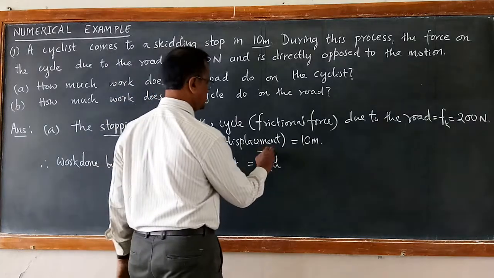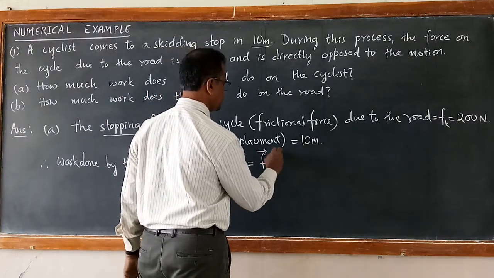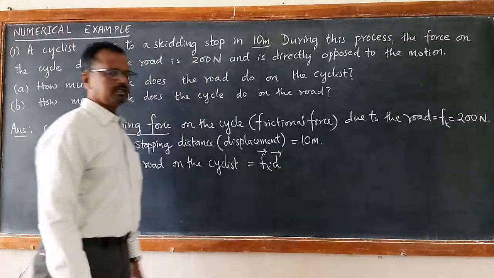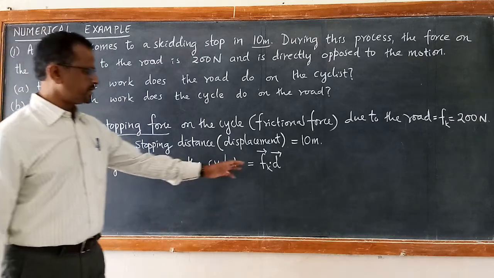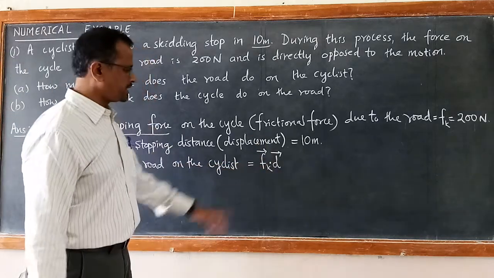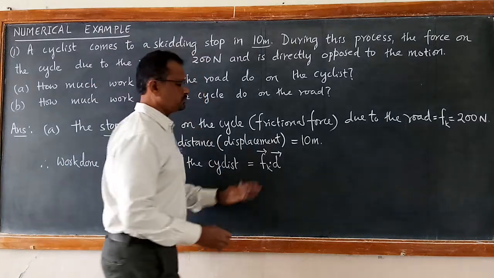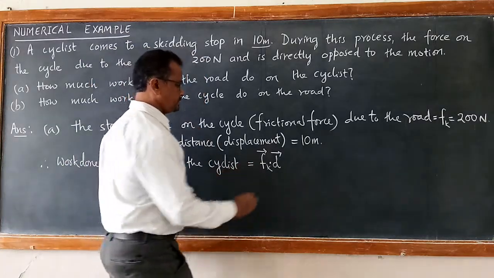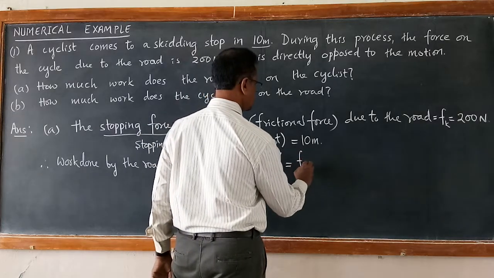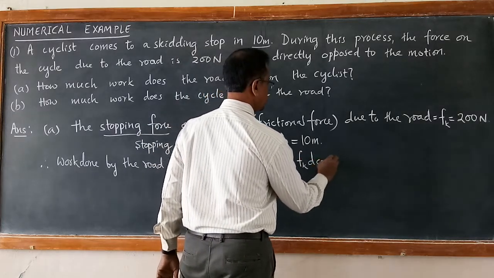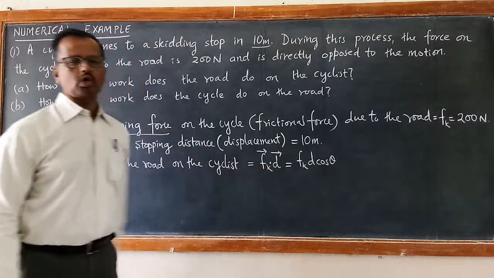Since both are vectors, you have to take Fk dot d, where Fk is kinetic friction. Both values are given. Fk dot d is nothing but Fkd cos theta.